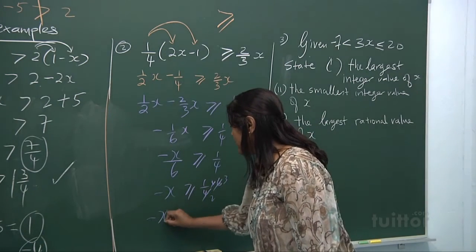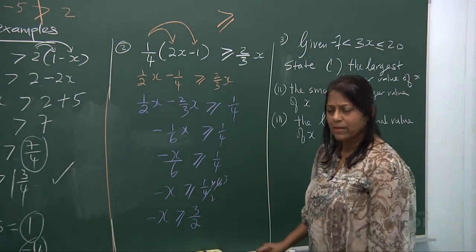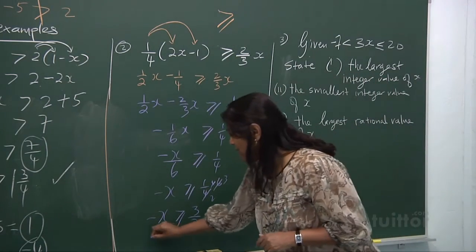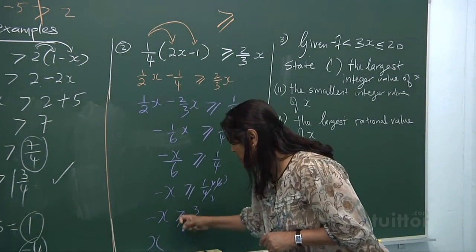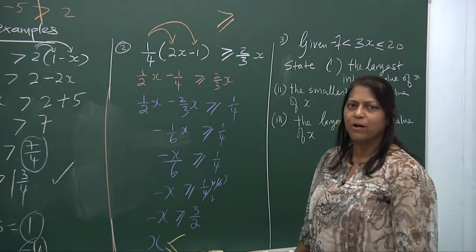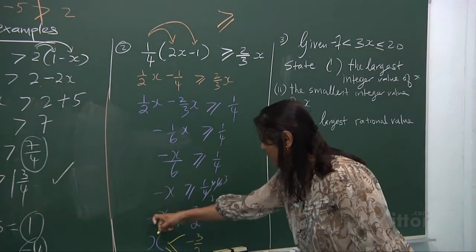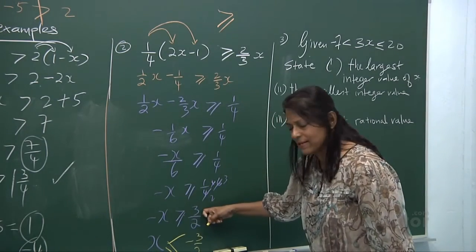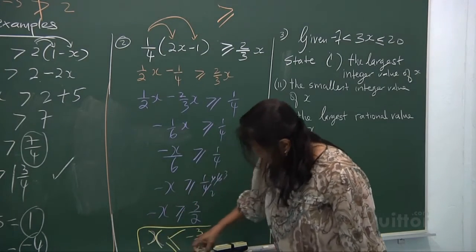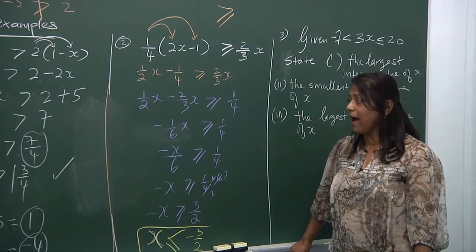In other words, minus x is greater or equal to 3/2. Multiply both sides by minus. When you multiply both sides by minus, the sign will change. Bigger becomes smaller. And you get a minus 3/2. In other words, for this answer to exist, your x must be smaller or equal to minus 1.5.